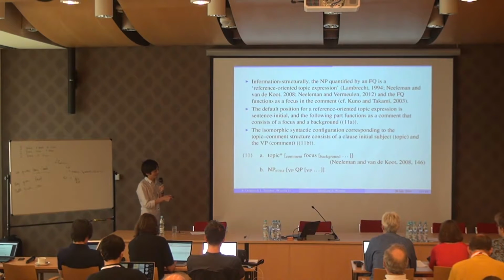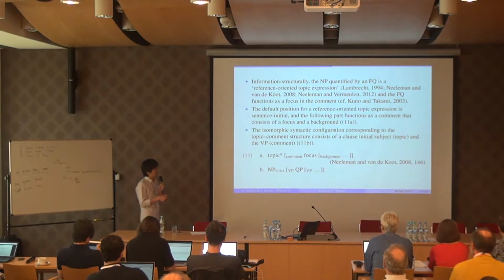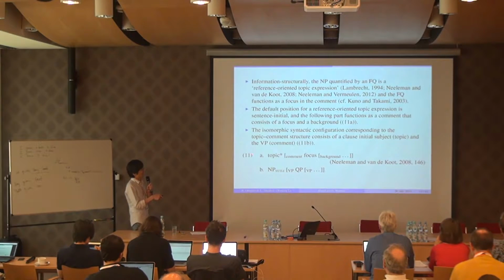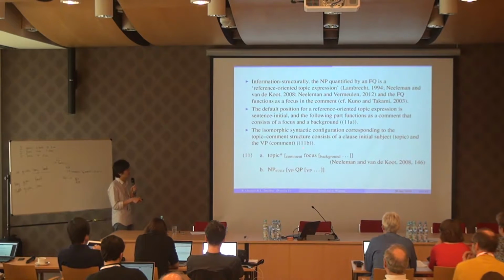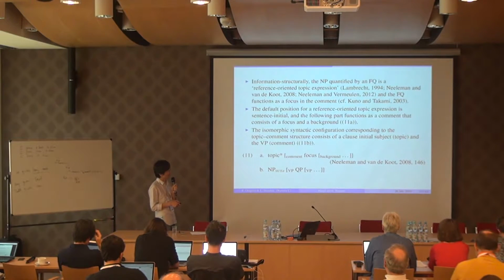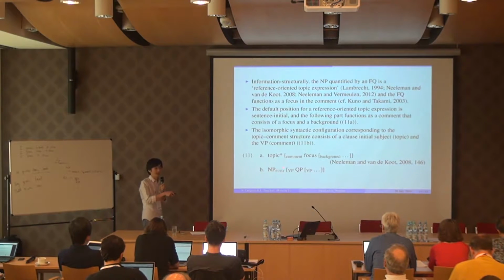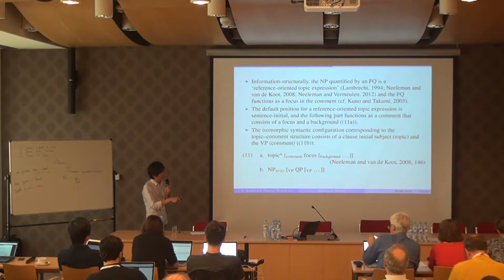So the syntax is constructed as transparently as possible to correspond to this information structure. So the syntax would be like 11b. That's the most transparent or isomorphic syntax structure corresponding to the information structure. So the topic is a noun phrase, typically the clause-initial subject, followed by the comment structure.